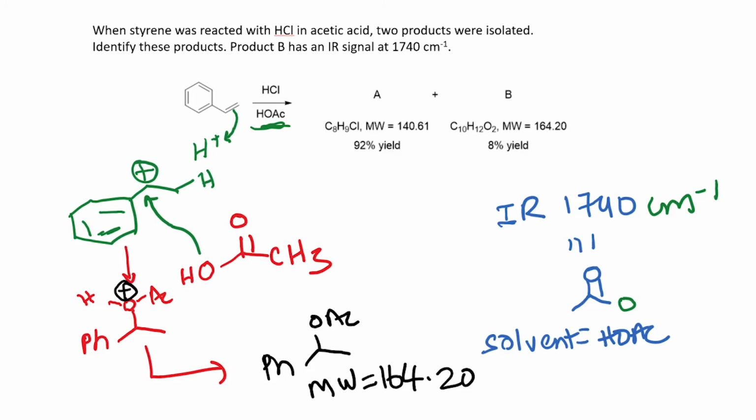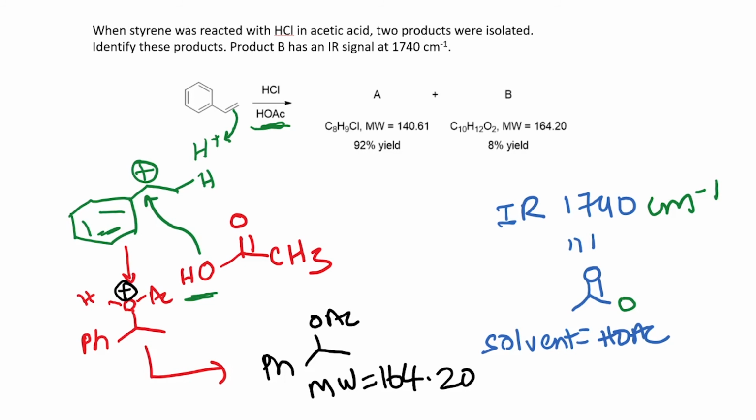If that happens, once the carbocation is formed, you would still have the chloride attack as the major product, but once in a while the solvent, being in the bulk, can interact with the carbocation and form this kind of intermediate where you have an oxygen ion, right? This is not going to be favored because acetic acid is a very poor nucleophile, and the product that is formed also is not substantially more stable than what we would like.